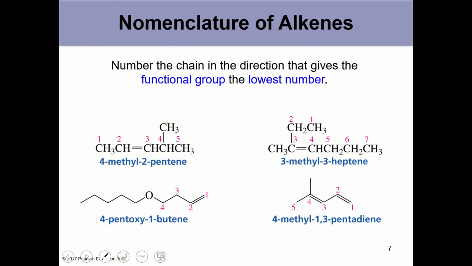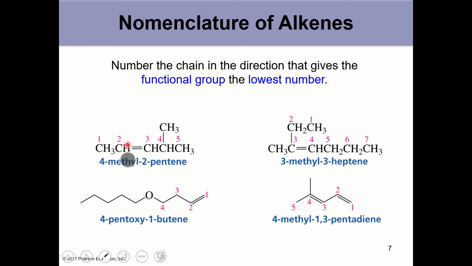Okay. So the longest chain of the pentene shown is 5 carbons, and carbon 1 is bonded to carbon 2, which is the first pi bond carbon.